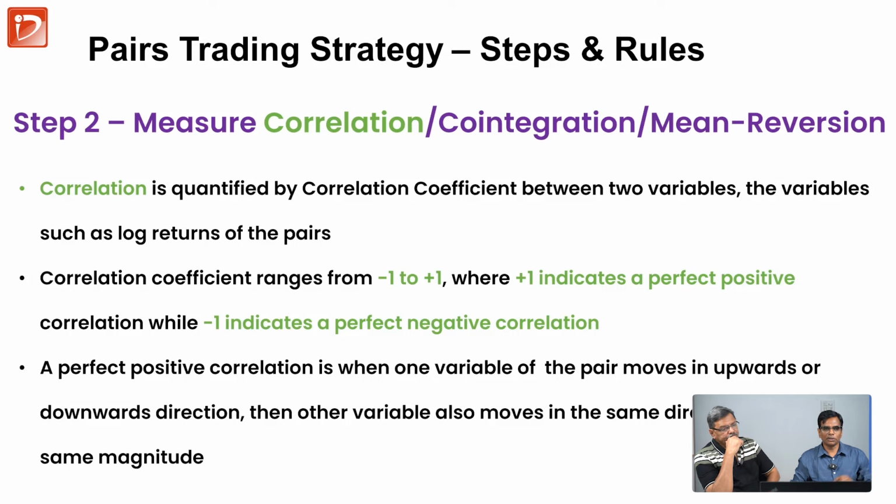Those are the better ones because we know that they have the same behavior. A perfect positive correlation is when one variable of the pair moves upwards or downwards, then the other variable also moves in the same direction with the same magnitude. So the price or the returns are moving in the same direction and at the same velocity, speed. So it's very important that we have good positive correlation.